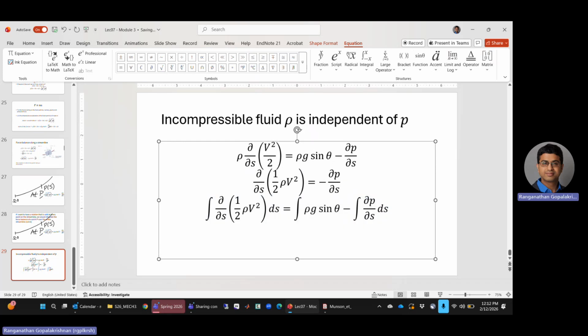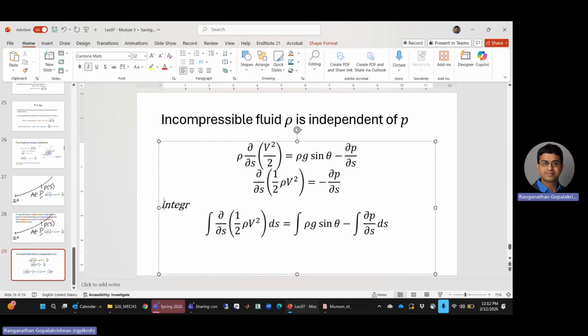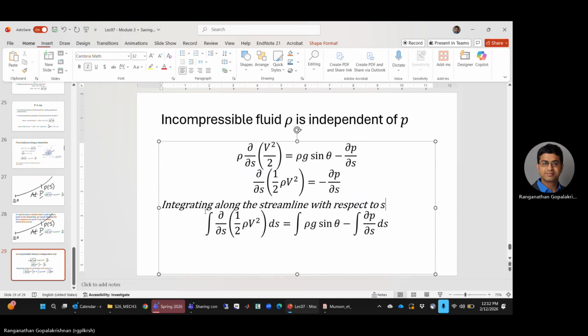This is what integration means, right? I'm counting on your calculus knowledge. Integrating along the streamline with respect to s.